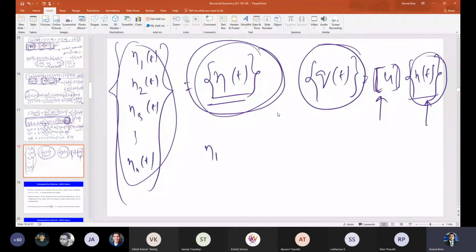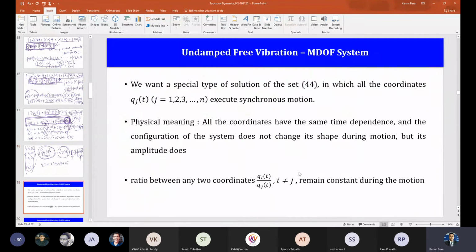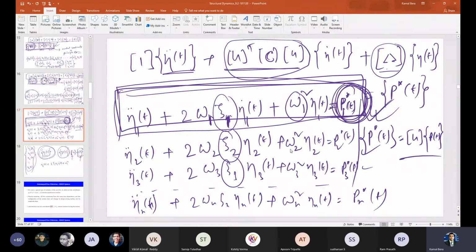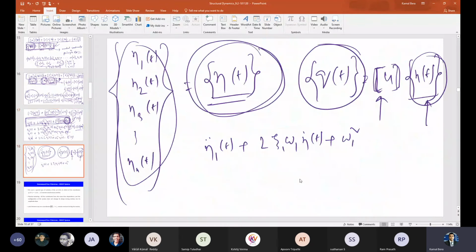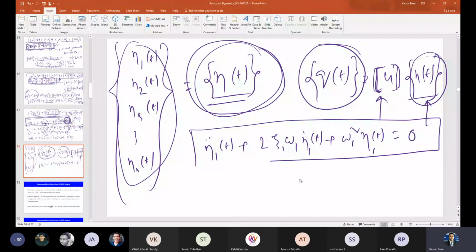Let me write it again. Eta 1 double dot t plus 2 zeta 1 omega 1 eta 1 dot t plus omega 1 square eta 1 t equals 0. Let us say I am going to solve this one equation, because if you know how to solve one equation, then you know how to solve all the equations. That's the free vibration single degree of freedom system. To solve it, what initial condition is required at time t equal to 0? Please tell me.